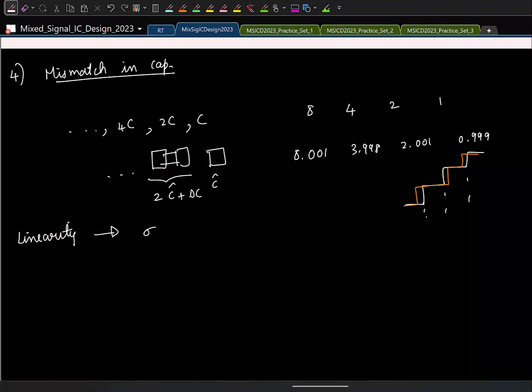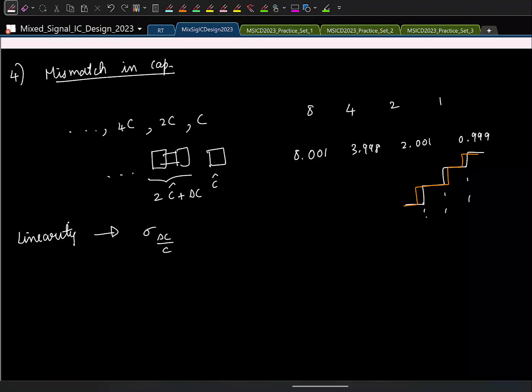So we usually say sigma of delta C by C, that is a relative mismatch, normalized to the capacitance value, and I'll take the standard deviation of this. From the linearity specification, you will find you require some value of this standard deviation. And just like we saw for mismatch in transistors, if you want to reduce the mismatch, what was one simple thing you can do?